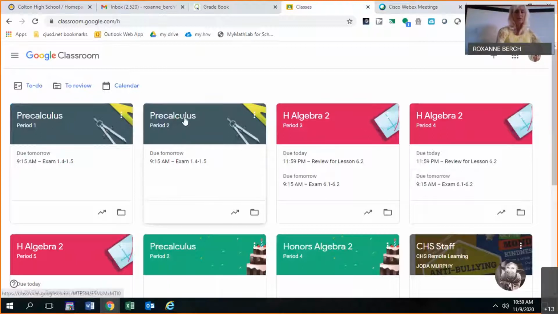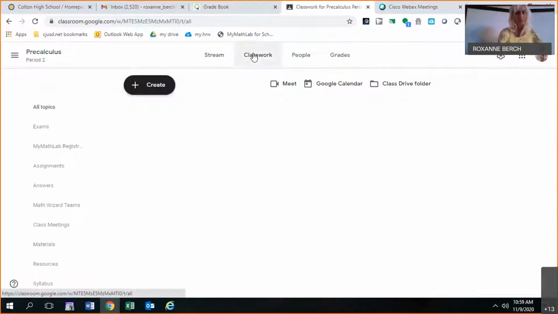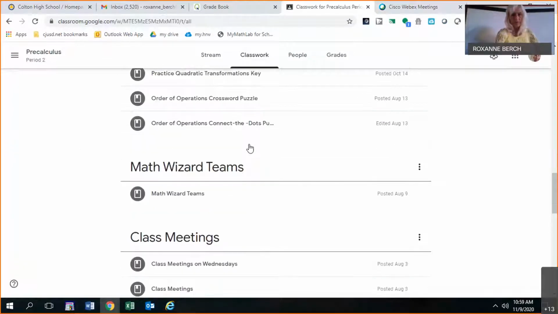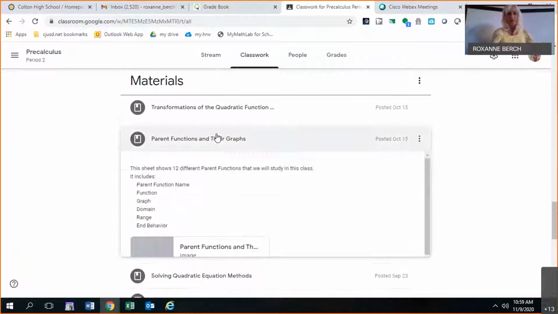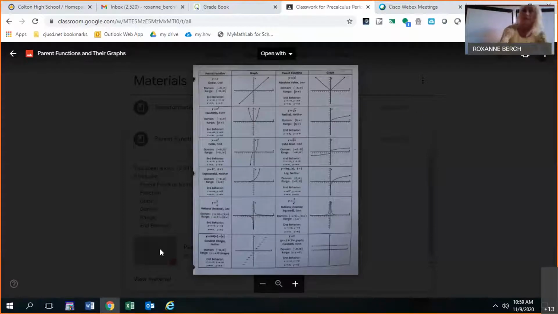We're in Precalculus 2. This is your class. And if you go to my classwork, under materials, I gave you this, the parent graphs. And so this is where we're going back to.